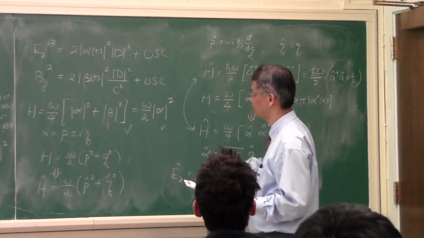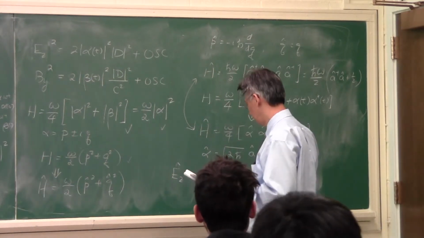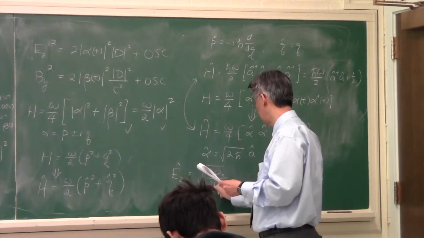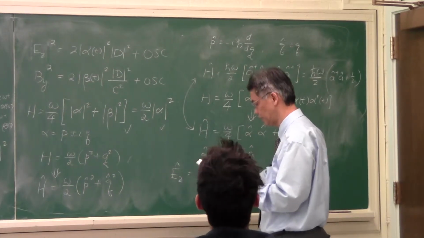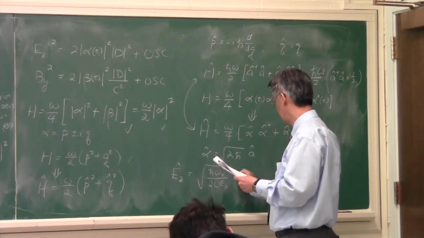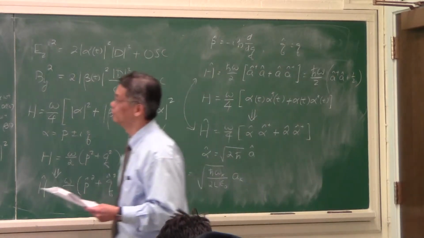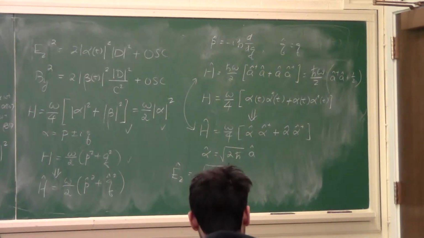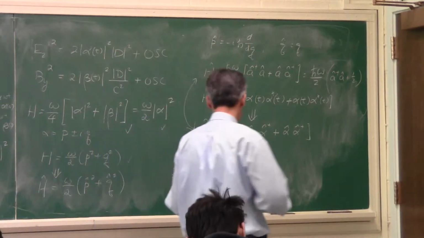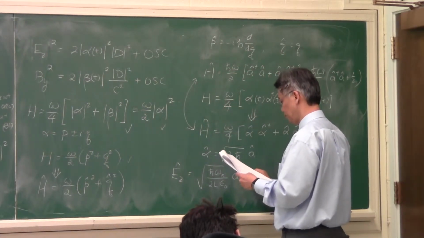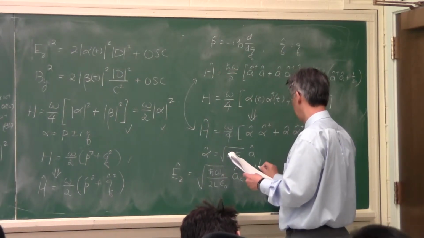Okay, omega is associated with the wavelength of the wave that travels in the system, so we can associate omega with k. And then this amplitude can become an operator, okay? And then this may look something like that.